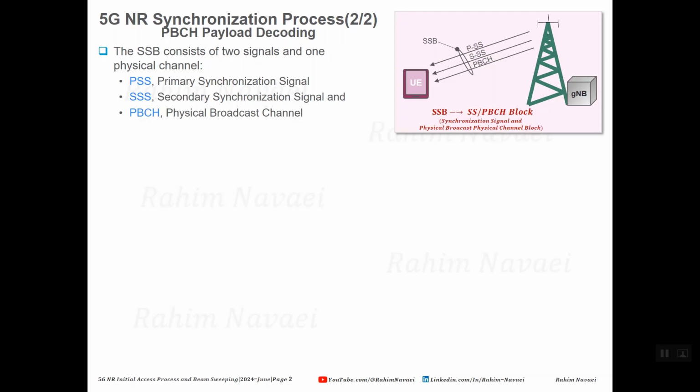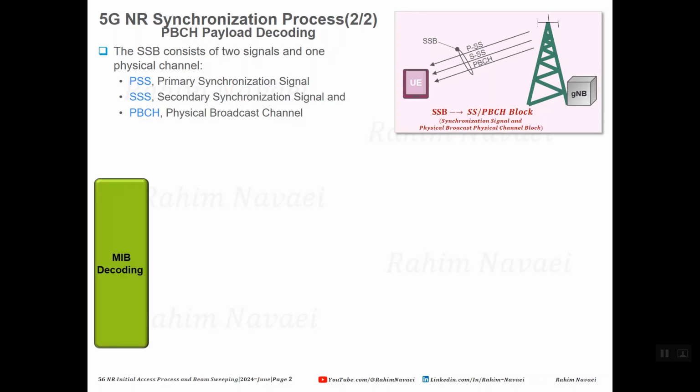Here, I'll try to explain what exactly a 5G device can achieve by detecting the PBCH payload and its associated demodulation reference signal, DMRS. First, I focus on the MIB decoding.